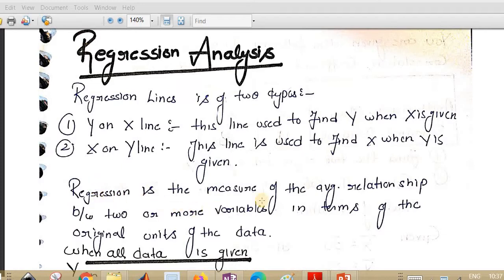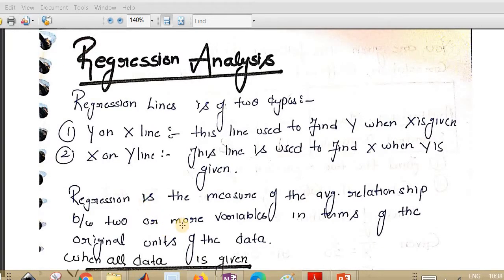So here, regression is the measure of the average relationship between two or more variables in terms of the original units of the data. Here again you have to find the lines, where a linear correlation is there. If you find the y on x line, then this line is used to find y when x is given, and the x on y line is used to find x when y is given to you.